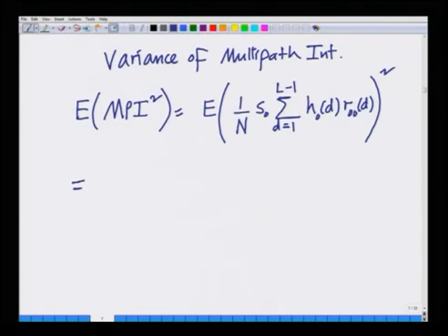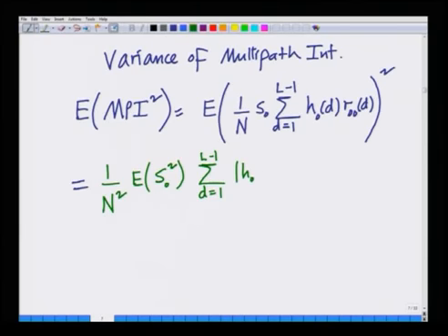This is nothing but 1 over n square, expected s 0 square, that is expected symbol square, which is the power in user 0, times expected summation d equals 1 to L minus 1, h 0 d whole square into expected r 0 0 d square.